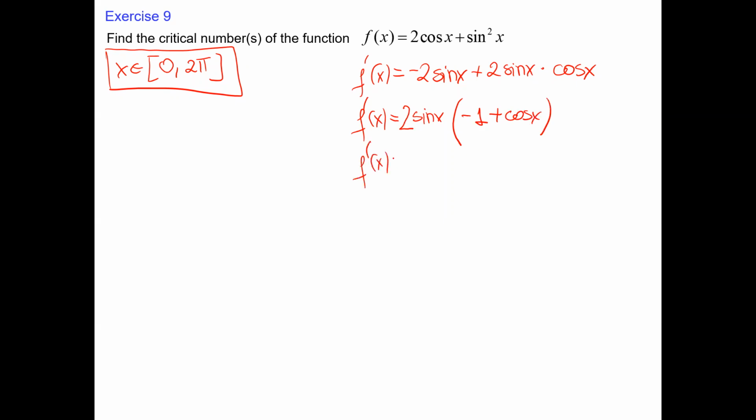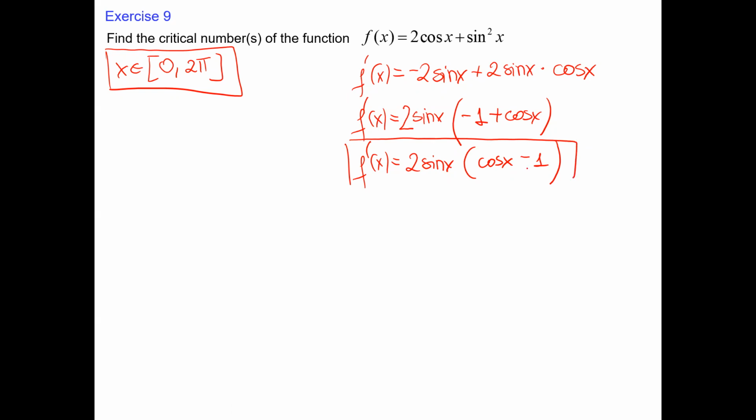Let's rewrite one more time. 2 times sine of x times cosine of x minus 1. If we have 2 quantities, one negative and one positive, it's easier to put the negative as the second one, just to reverse, so we don't miss that negative. Okay, nice product form.